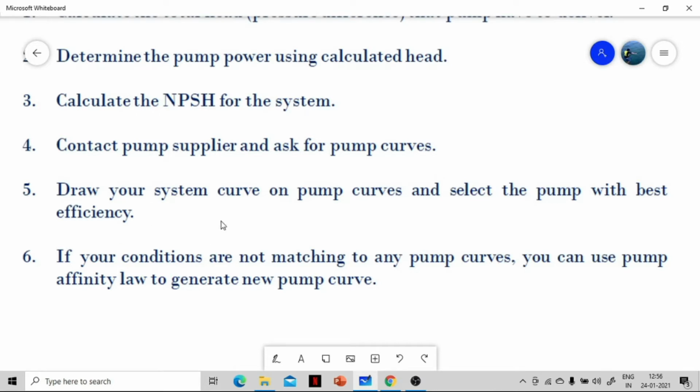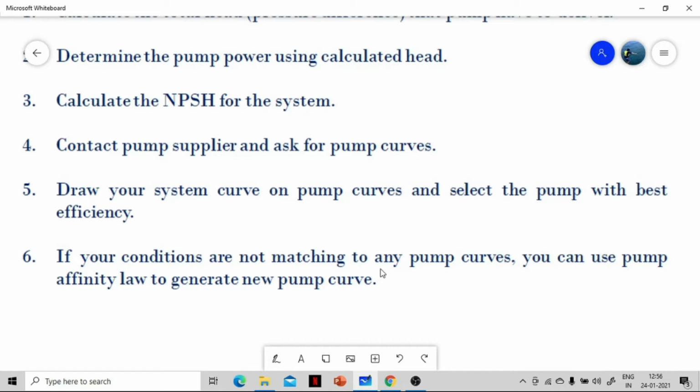Sometimes it happens that the conditions on which you want to operate a pump do not match any pump curves provided by the pump supplier. In that case, you can usually use the pump affinity laws to generate a new pump curve. In this way, you can even machine the impeller to reduce its size. So these are basically six steps to select and size a centrifugal pump.